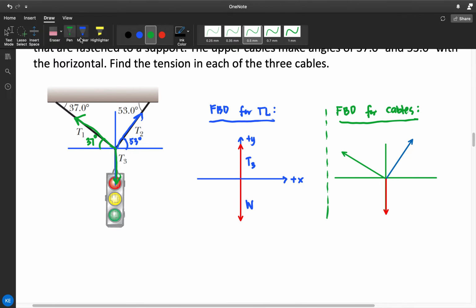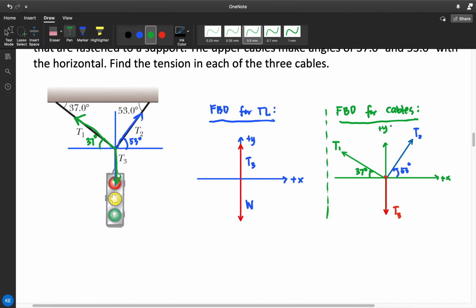We'll put some labels for this one. You'll have here T1 with some angle 37, and then you'll have your T2 with some angle 53 degrees from the horizontal. And lastly, T3, which is simply downward. Take note that this is the positive x-axis and this is the positive y-axis.